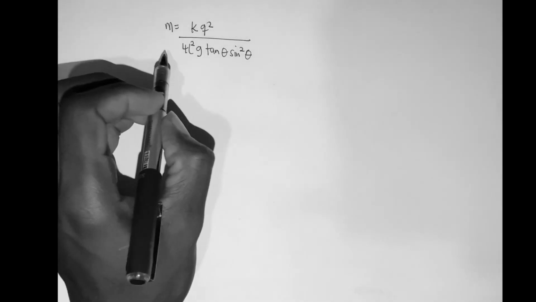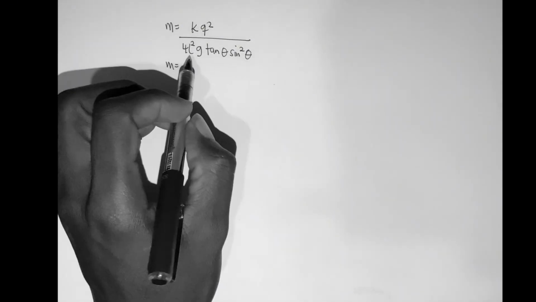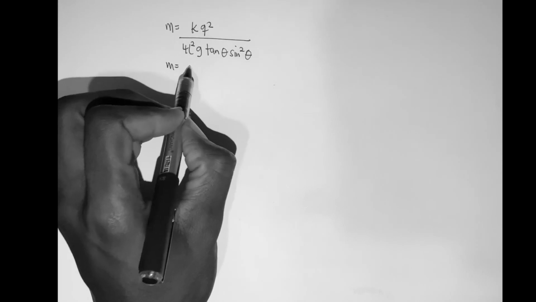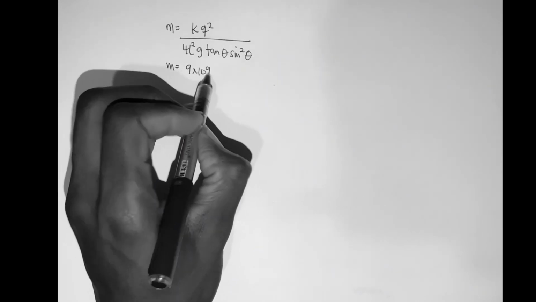Let's go ahead and insert the values and find the value of the mass. k is a constant, which is 9 times 10 exponent 9.